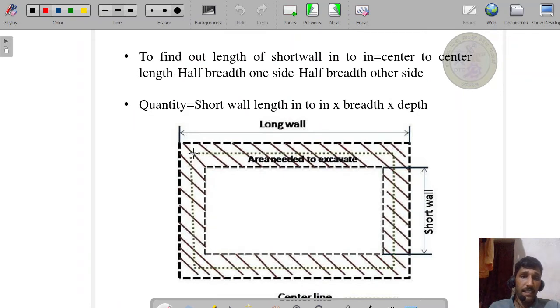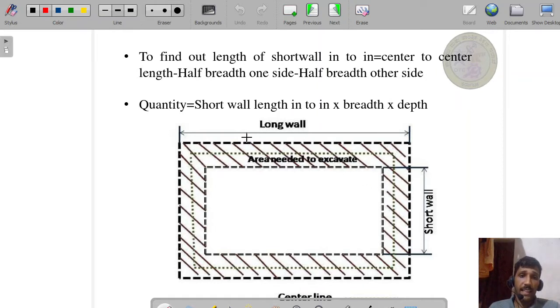See here, in this sketch, initially the center to center length, from this point to this point, is the center to center length of this particular side wall. Similarly, this length to this length is this side wall. Similarly, this point to this point and this point to this point is the center to center length of the side walls.